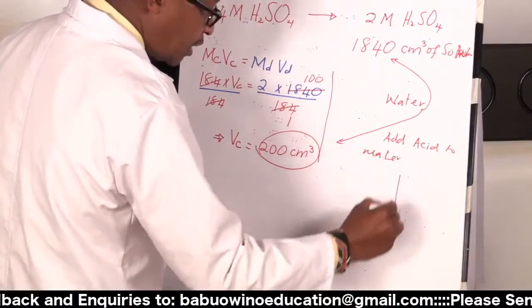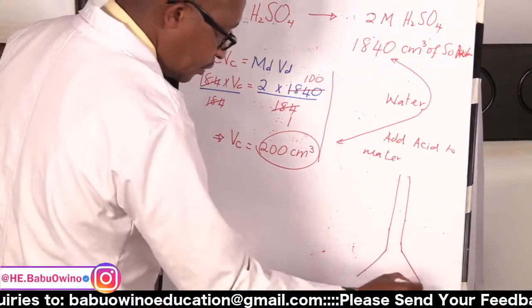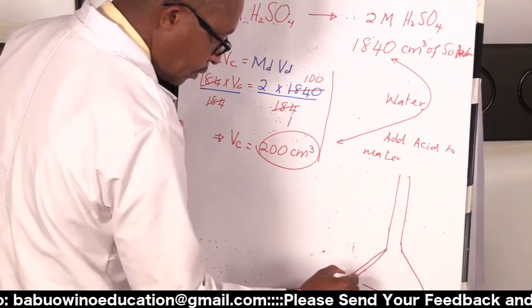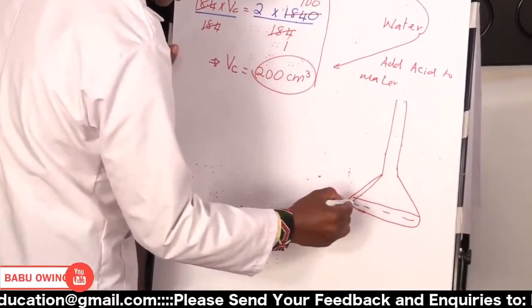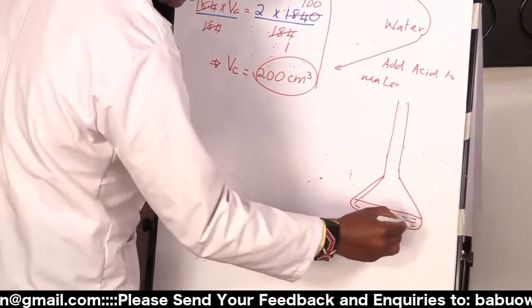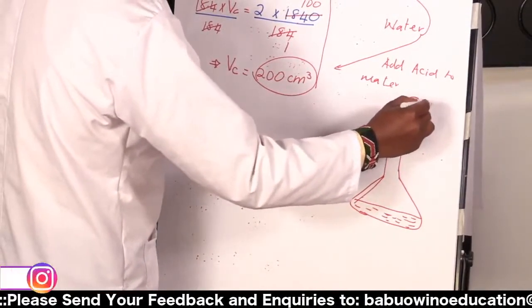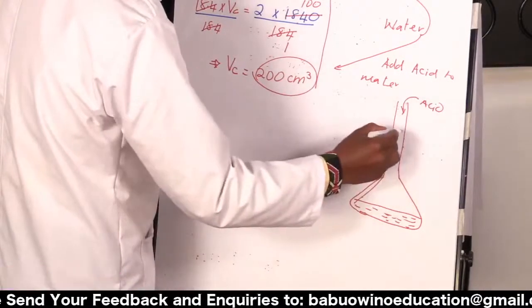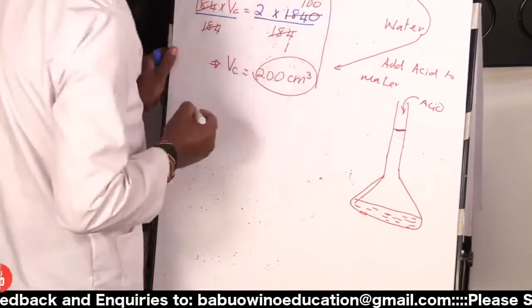So you will first have to use your container, whatever container you are using, you put a bit of water, then you put the acid. But of course, you make sure that there is no flask of this measurement.